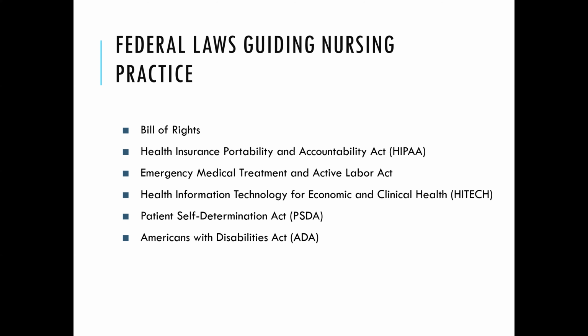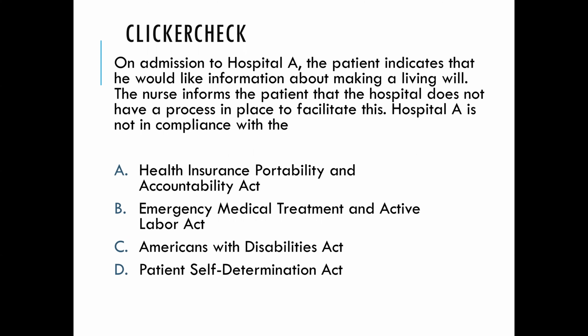So here's a clicker check. On admission to Hospital A, the patient indicates that he would like information about making a living will. The nurse informs the patient that the hospital does not have a process in place to facilitate this. Hospital A is not compliant with the what?